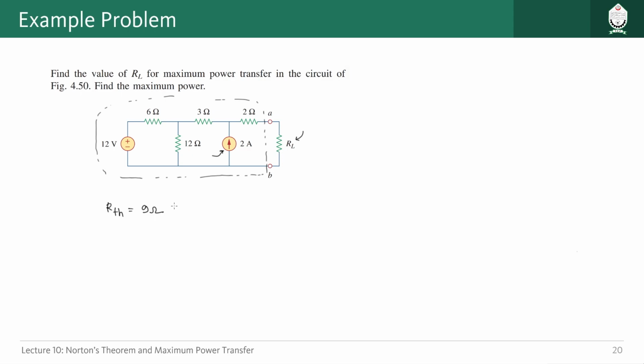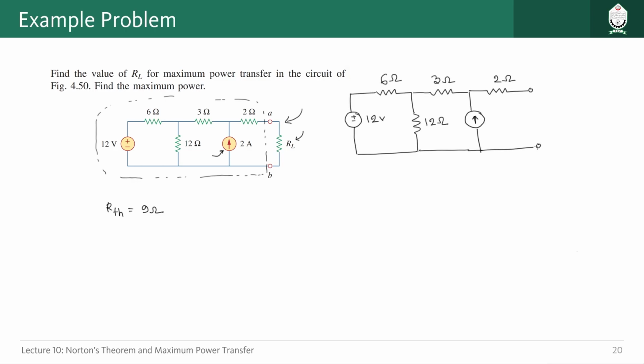Now let us try to find out the value of VTH. So we have to solve this circuit after disconnecting this portion, right? So that circuit should look something like this. So this is the value of VTH.